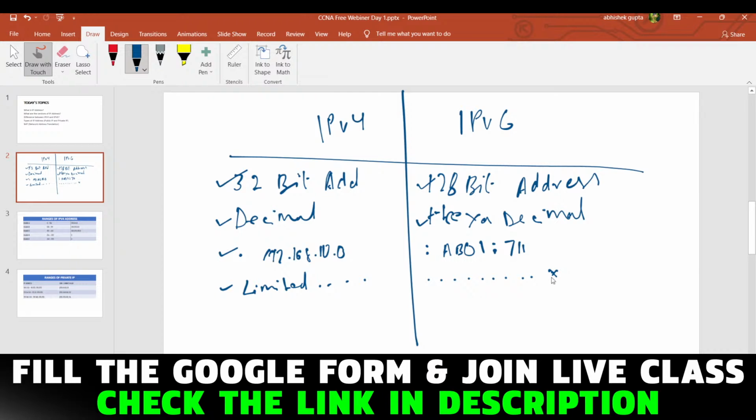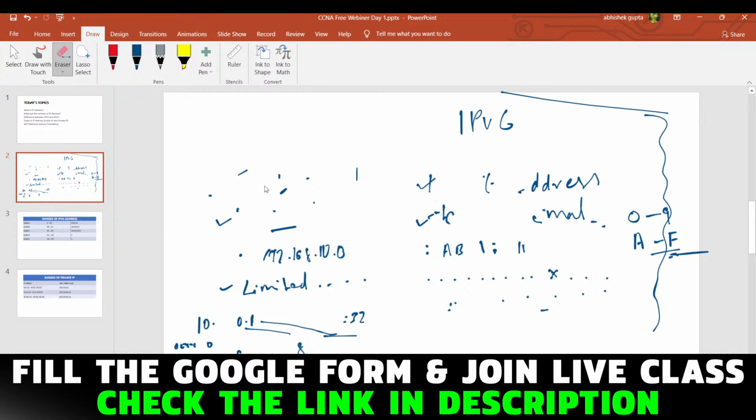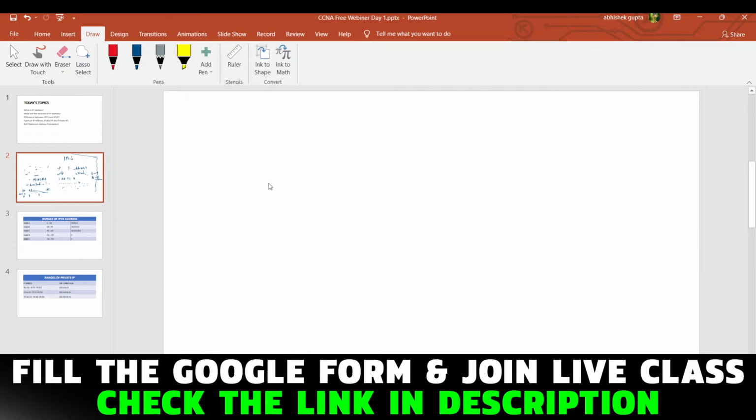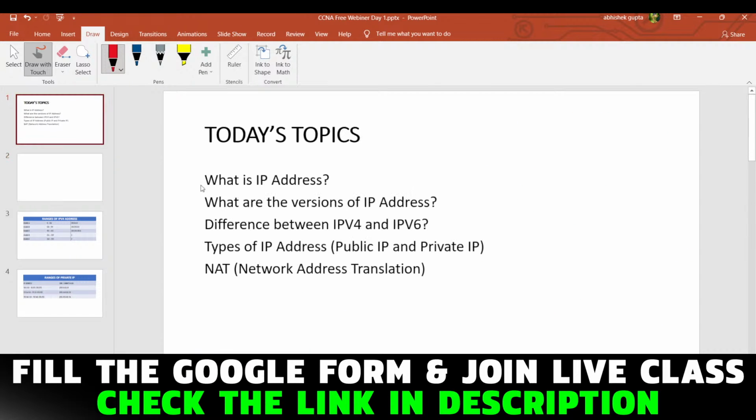So these are a few basic differences between IP version 4 and IP version 6. There are lots of other differences that we're going to discuss someday, because we have to cover lots of other parts in this session. Done. The versions of IP are done.